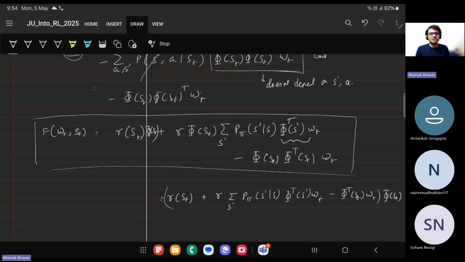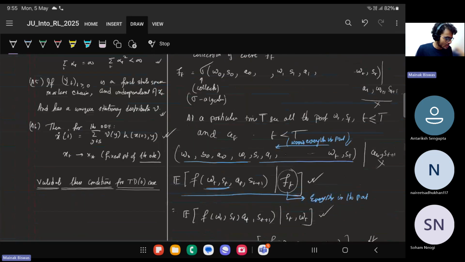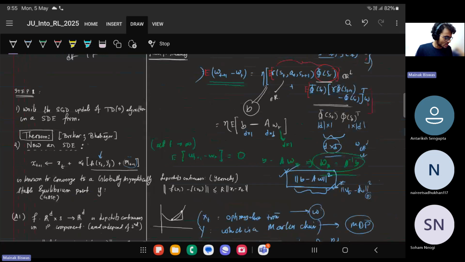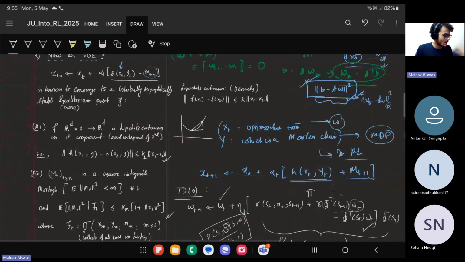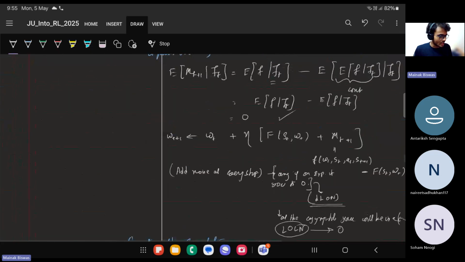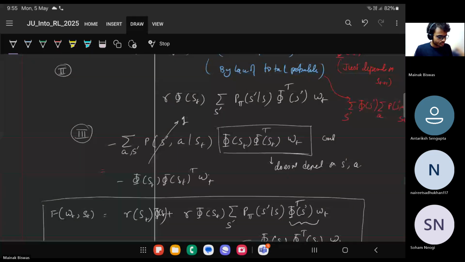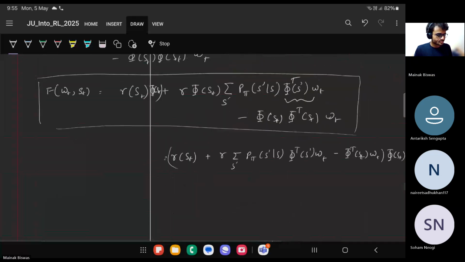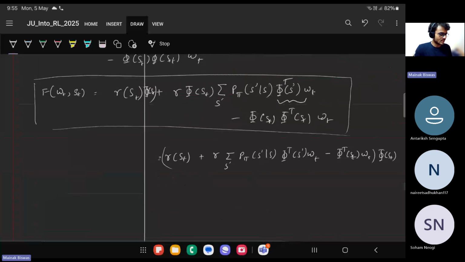We'll use this equation next time and try to prove the Lipschitz continuity of this equation. We'll look at a few things like Lipschitz continuity and martingale differences, and then we'll be done with the TD0 algorithm. So any questions you want to ask, feel free before I stop the class today.